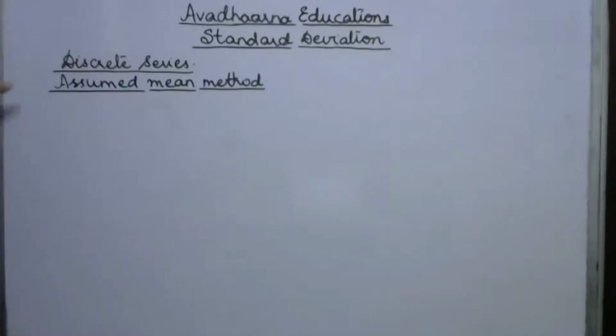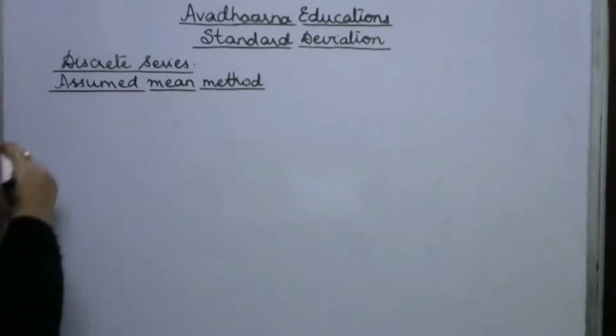Now let's proceed towards the third method for calculating standard deviation in case of discrete series, that is assumed mean method. Now following are the steps.